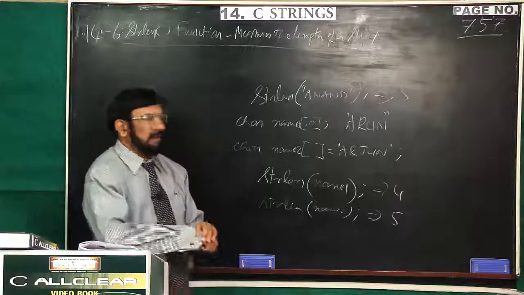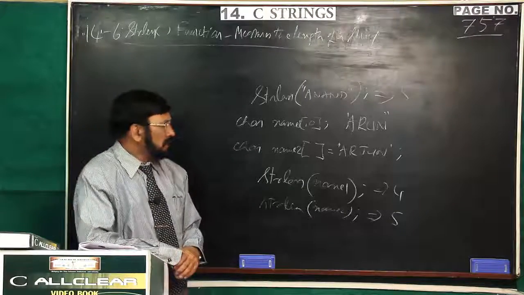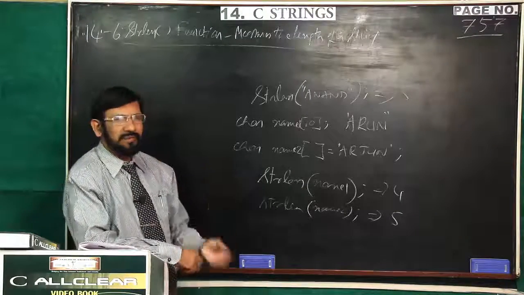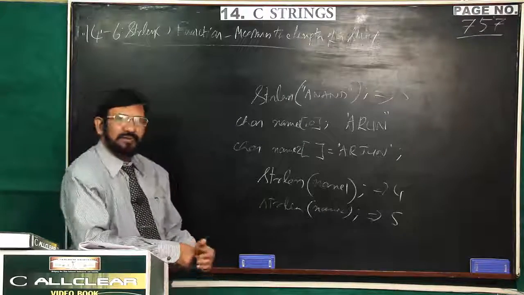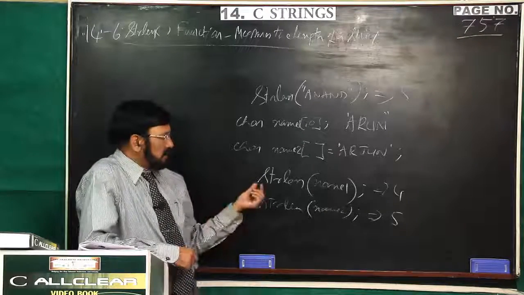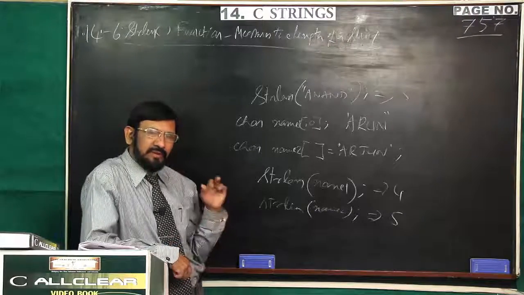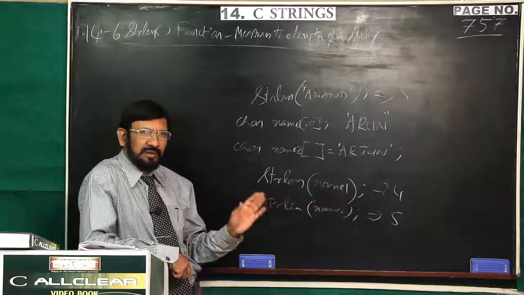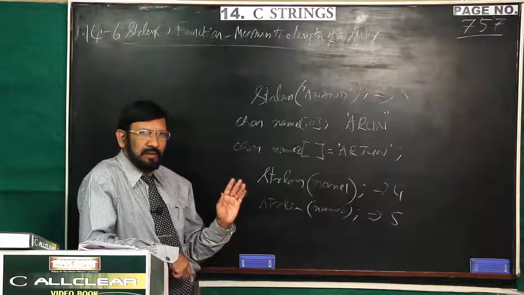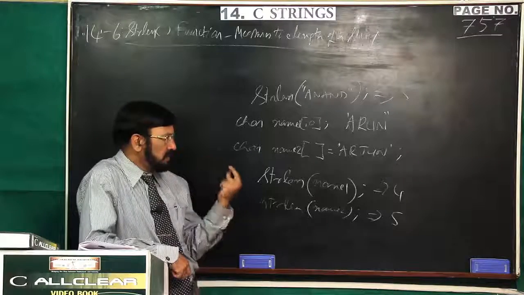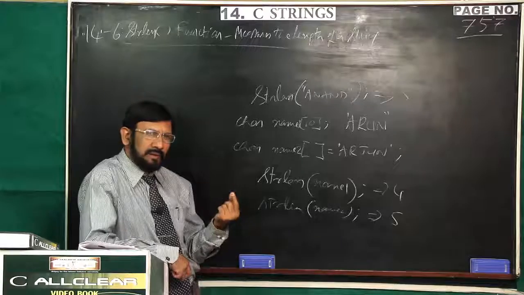On many occasions we want to know the length of a string. And one more thing you have to understand: the null character is not counted. The null character is for the purpose of the system. The system provides it in order to overcome its limitation. So in a human view, it is not a character.